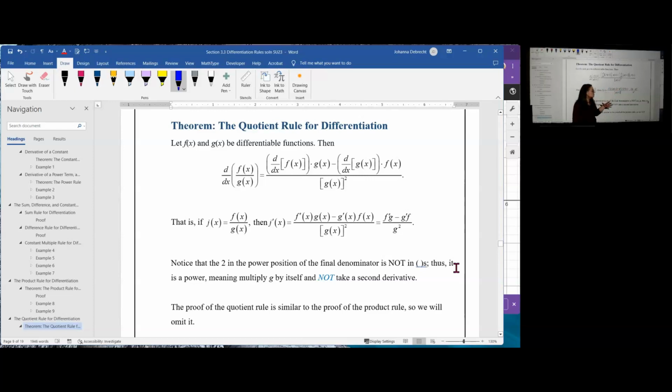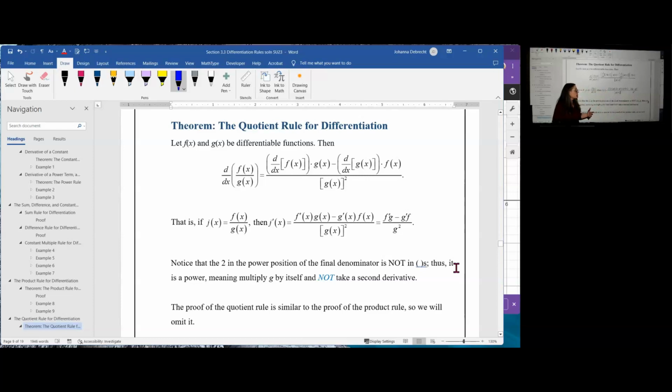In terms of symbols, this becomes f prime g minus g prime f over g squared. Make sure not to mix the two. The product rule results in a sum. The quotient rule results in a difference divided by g squared.